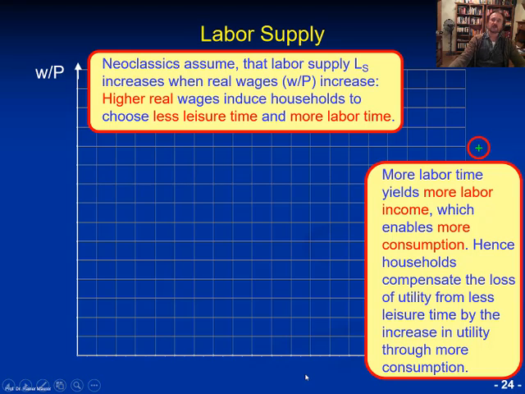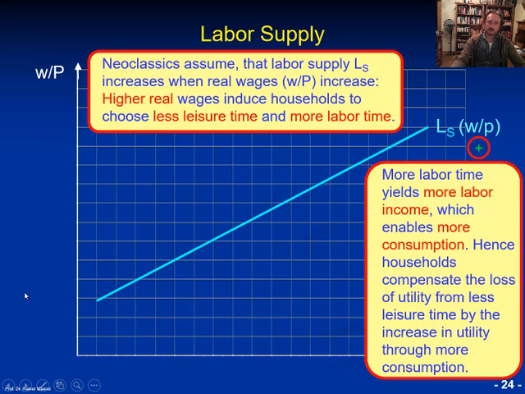If you use again the same diagram where we measure the real wage on the y-axis and labor supply and demand on the x-axis, this labor supply curve now has a positive slope, the opposite slope of the labor demand curve.